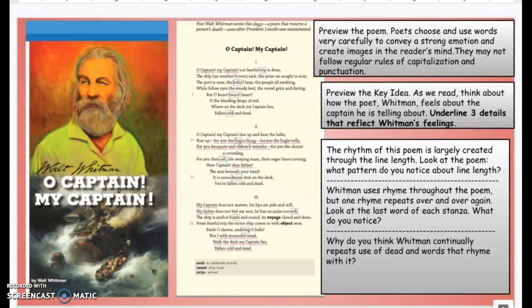And I want you to notice how they've used the Roman numerals 1, 2, and 3 to separate out the stanzas. They didn't use the numeric numbers 1, 2, 3, but Roman numeral 1, 2, and 3. Now again, I want you to be watching for the details that will help answer the key idea.